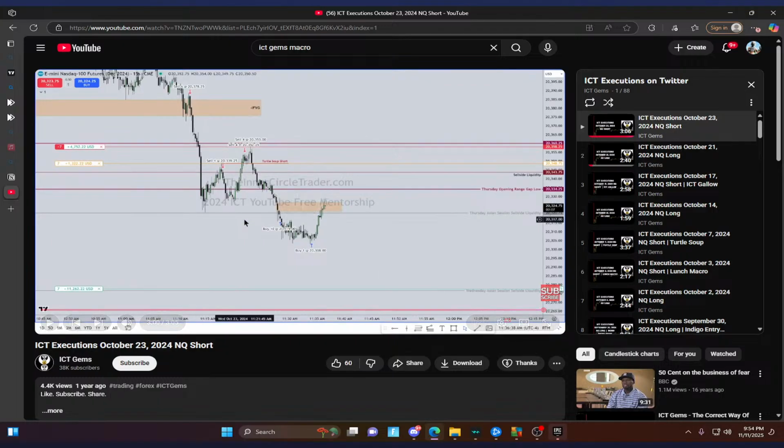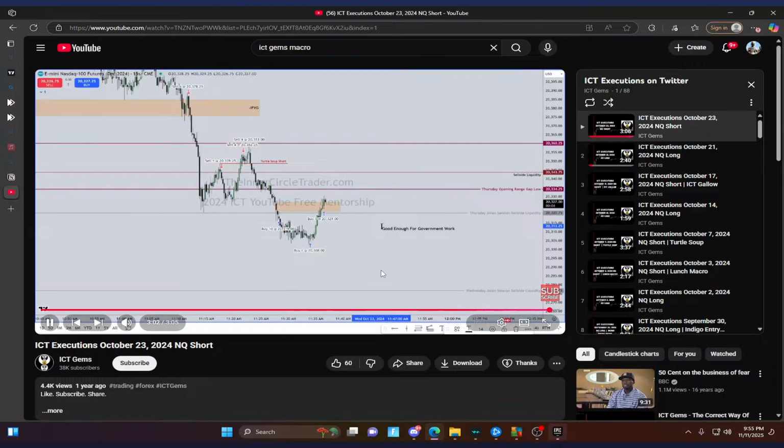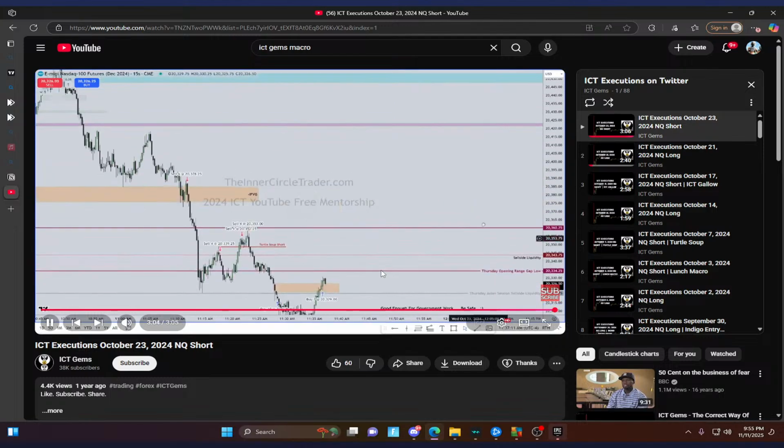So the fact that that thing didn't even hold, the fact that the gap didn't hold, he closed out his trade. That's tough.